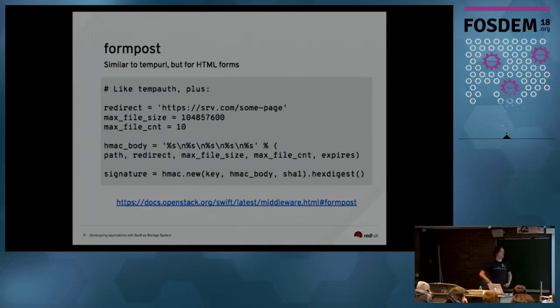I should mention something here. When you do an upload using an HTML form, you somehow need the file name that the browser sent. What you do is typically you upload to a container and then use a custom prefix, for example, a random UUID. And the browser will append the file name to the end of the URL that you just used for signing the request as a path name.